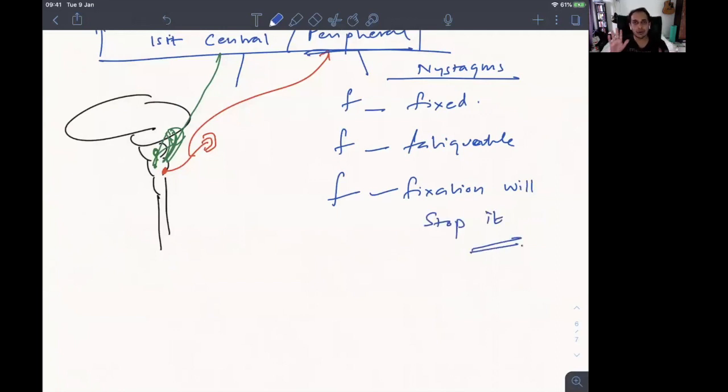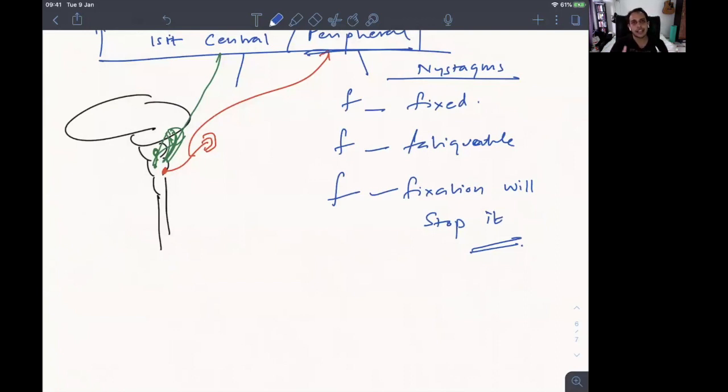So these three things I want you to remember, that in case of a peripheral vertigo, there will be nystagmus, and in central vertigo, there will be nystagmus. I'll tell you why there will be nystagmus in a minute. But in a peripheral vertigo, that nystagmus, the direction will be fixed. It will be fatigable. So after some time, the nystagmus will stop. And if you ask the patient to focus on one point, that is to fixate on one point, the nystagmus will disappear.